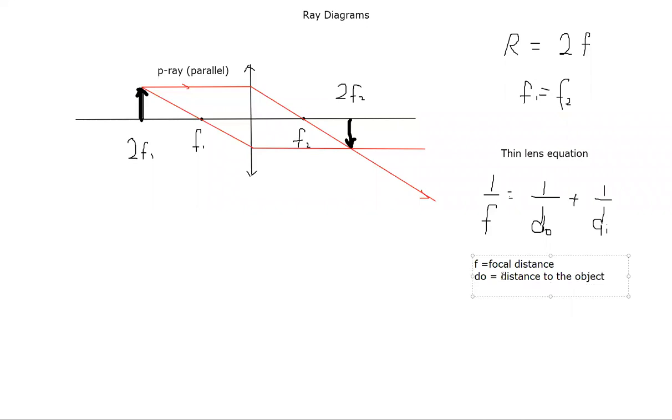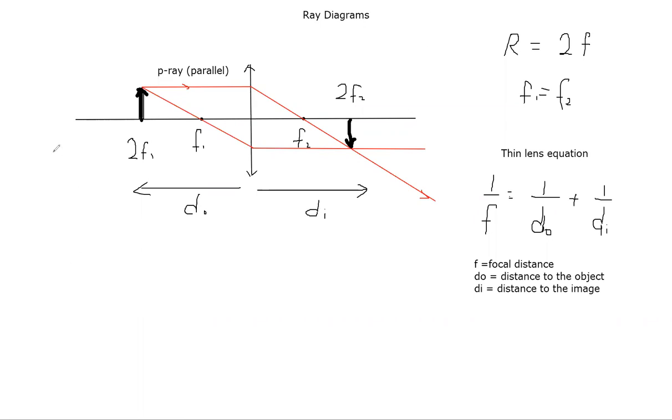And DI stands for the distance to the image. So here we can indicate that. So distance to the object will be this distance over here, DO. Again, if we were to do proper vectors, then we have to actually remove this thing. And DO is measured this way. Thus the DI will be measured this way.